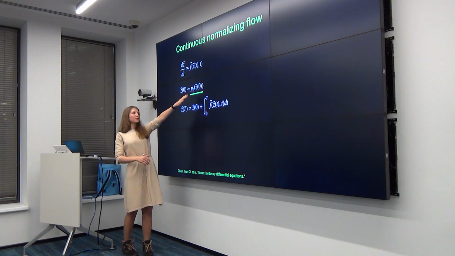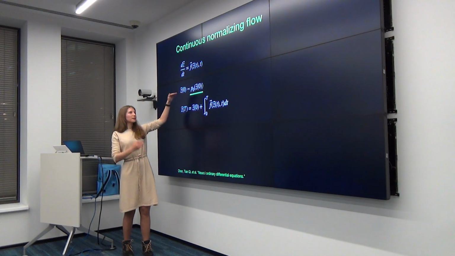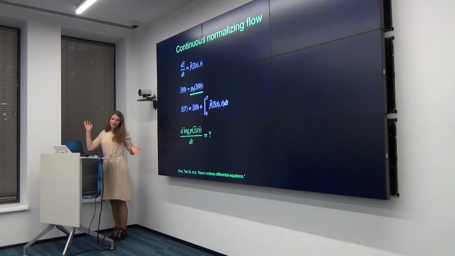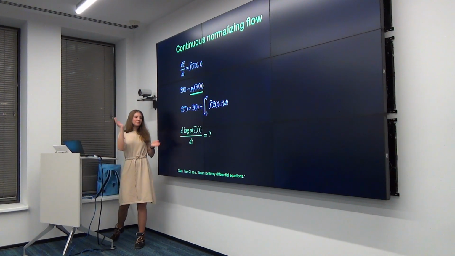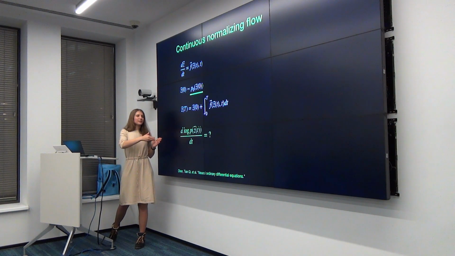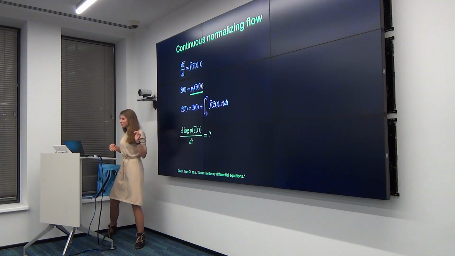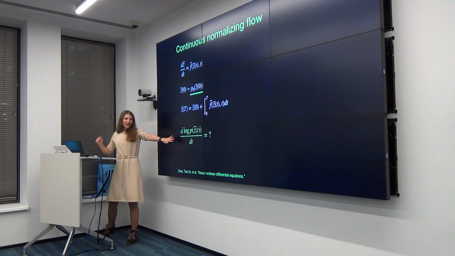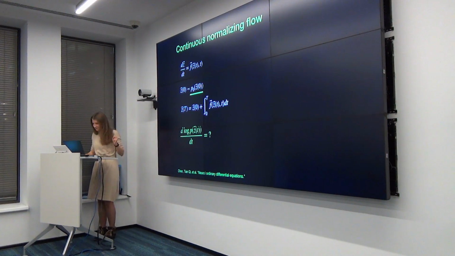We also have an initial state for the density. And if we imagine that we have some dynamics for density, we will also be able to compute the density at the point capital T.